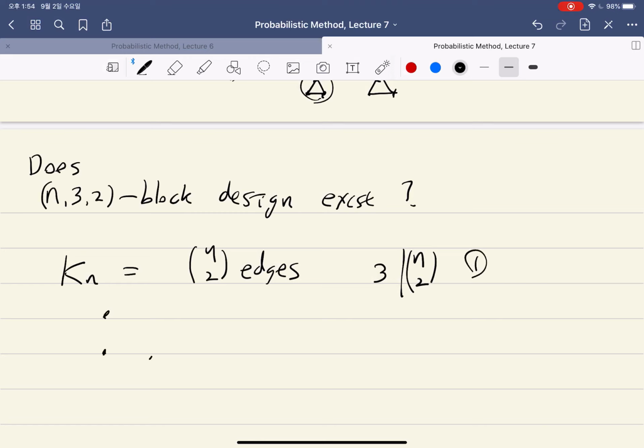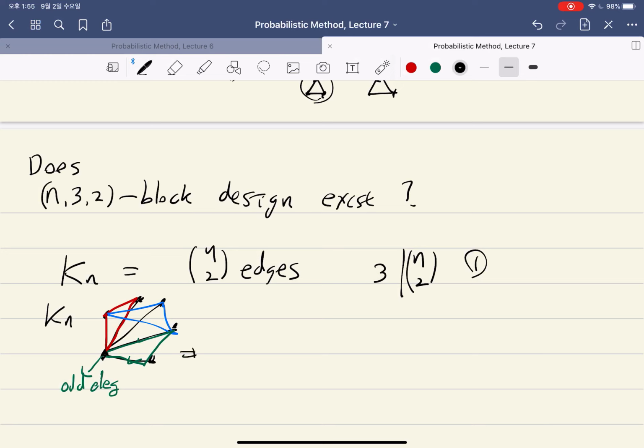Also, if you have, say, 6 vertices, then every vertex has degree 5 in Kn. Some triangle uses 2 edges incident to this vertex, and some triangle uses no edges incident to this vertex. So if this vertex has odd degree, then there is no way that you can use all the edges by edge-disjoint triangles.